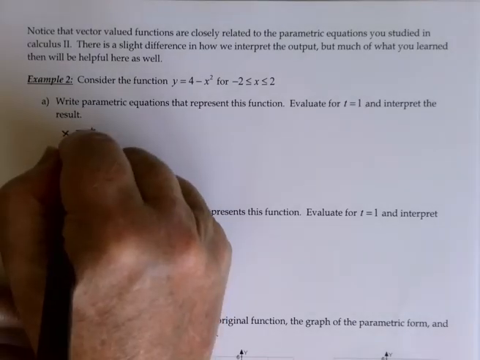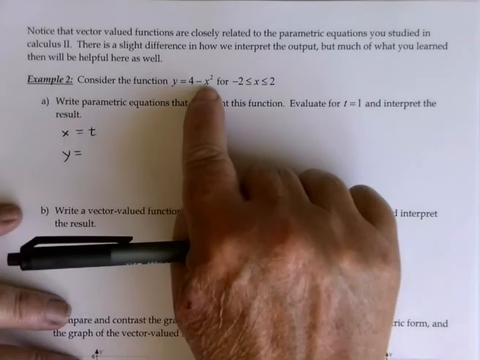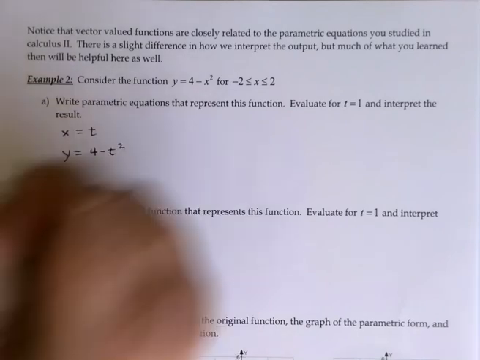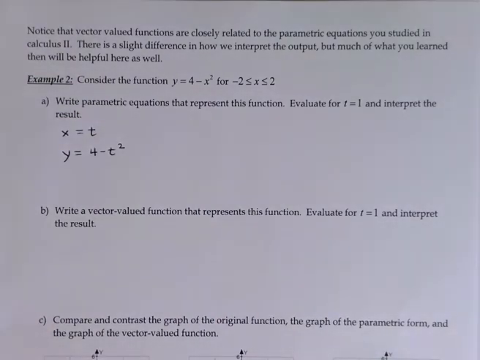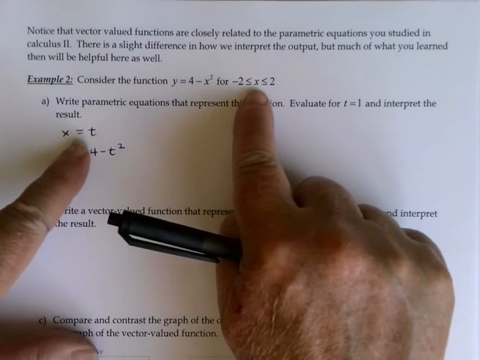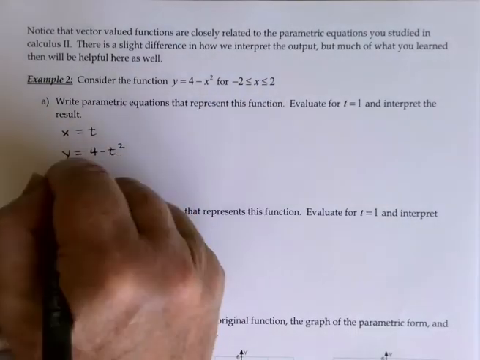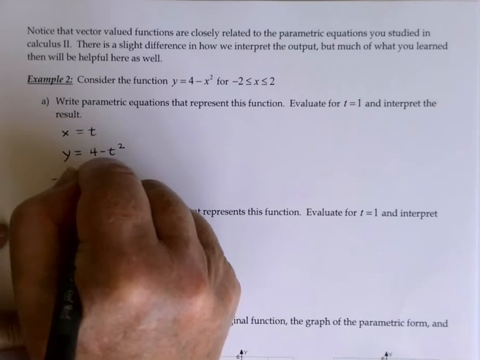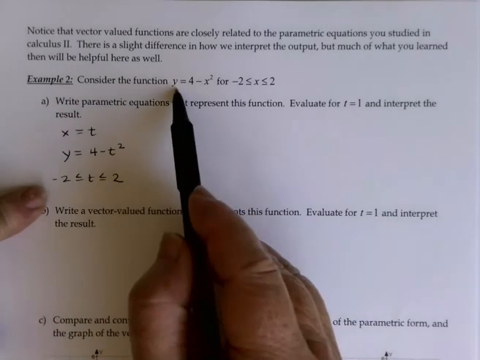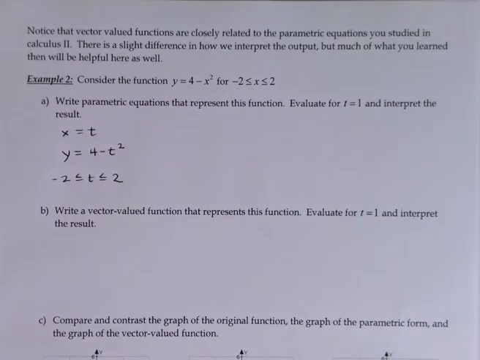That means that y, I can get by just plugging in the t for the x, is simply 4 minus t squared. And since x is equal to t, that means our t values will go from -2 to 2. So there's parametric equations that say the same thing as this function does.